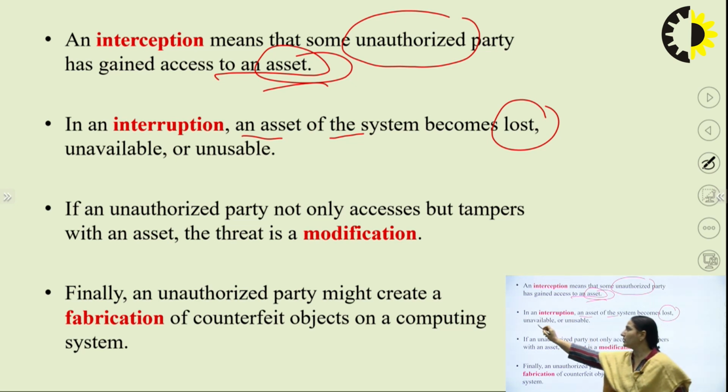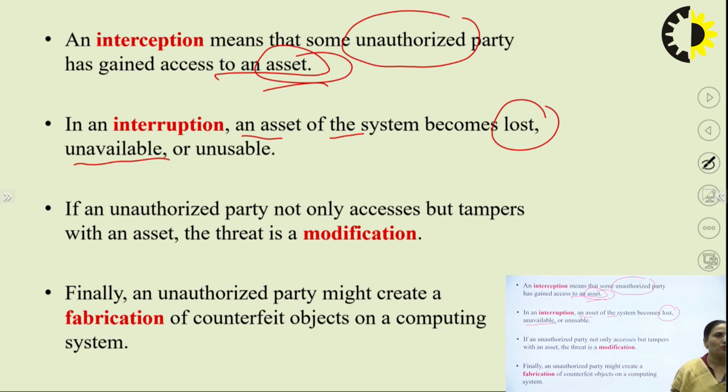As I told you, with the term availability, we always want the information to be available to us. If it is not available, it will be of no use. Or we get the data in a form which is not usable. So we don't want any interruption which causes loss, unavailability, or makes the system unusable.